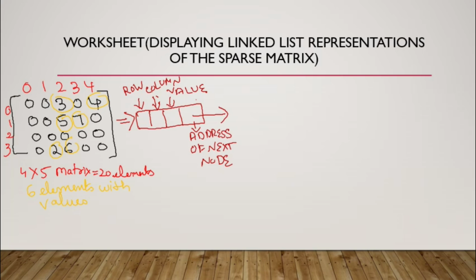Okay. So in the same fashion as we did our array representation, we need to do the linked list representation also. Here also we are going in order, starting with the 0th row. First let us draw the nodes, students, because it will be comfortable for us later to write in the same ink. We'll have 6 values, which means we'll have 6 nodes.